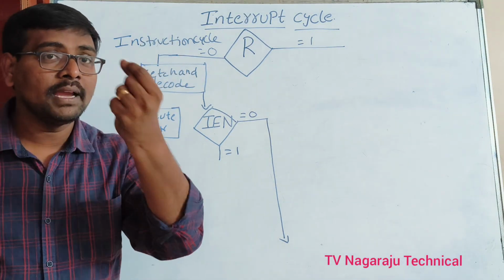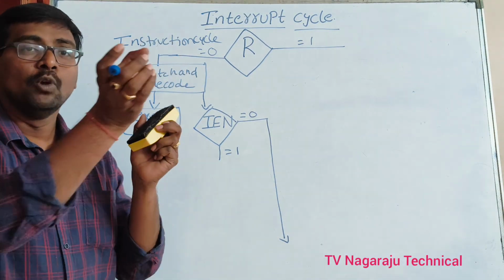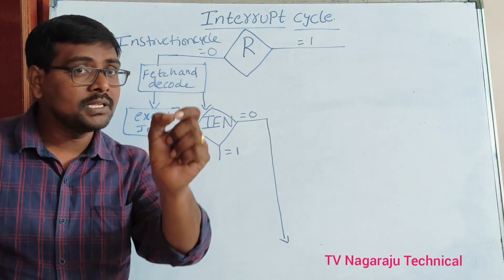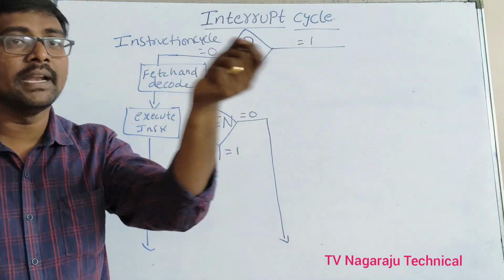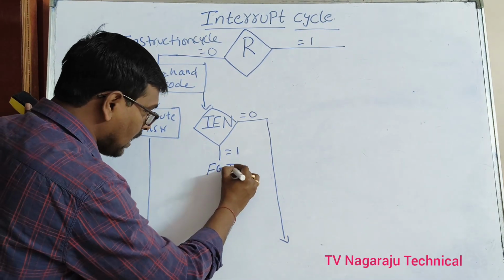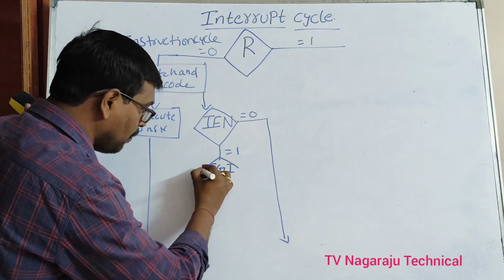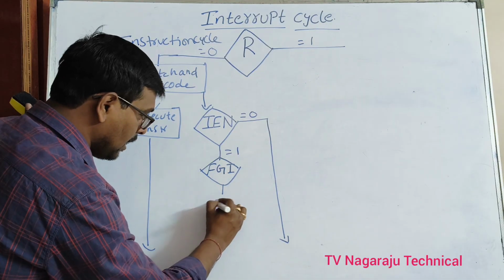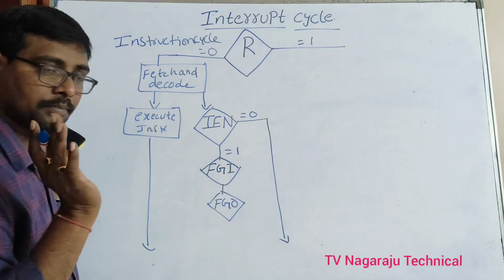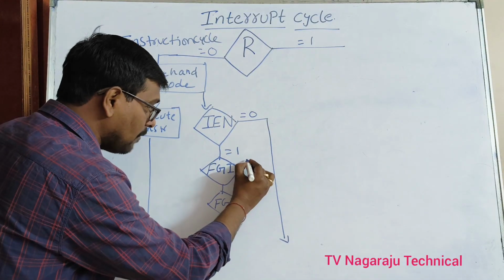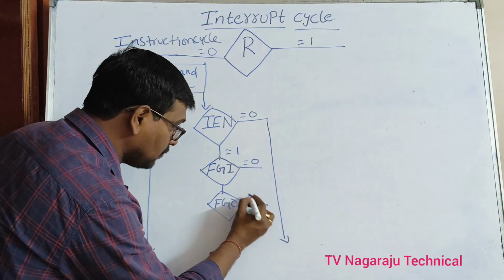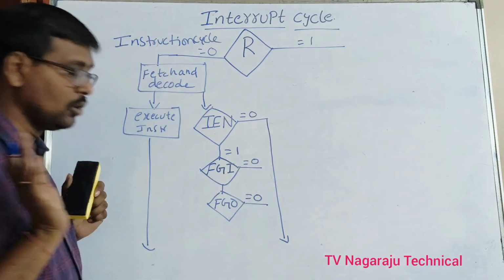Whenever the interrupts are enabled, we immediately need to check the IO flag. Interrupt is enabled, but is the data ready or not? So for that, we check FGI for input and FGO for output. Suppose the FGI value is equal to 0 and the FGO value is equal to 0.